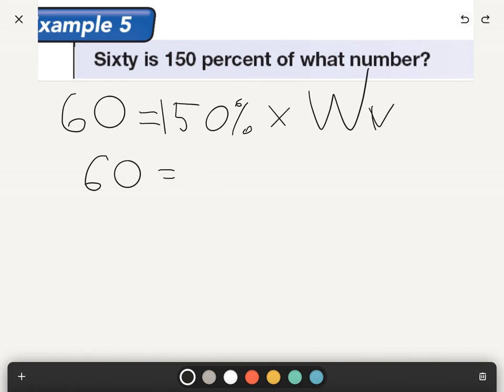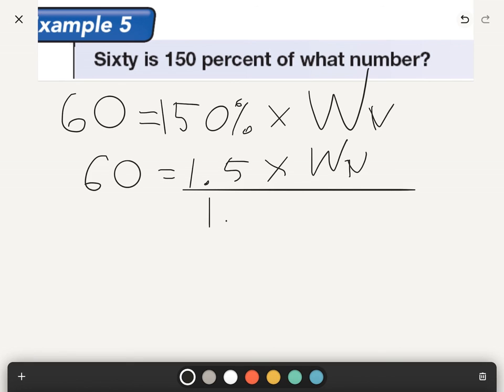And then I just need to divide each side.